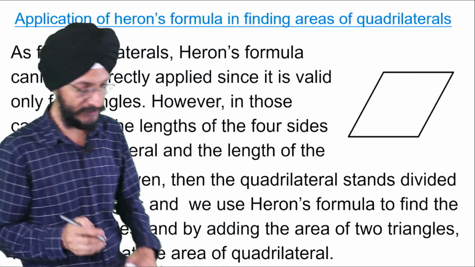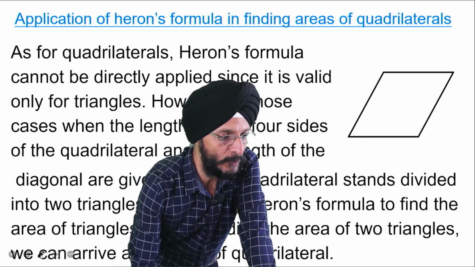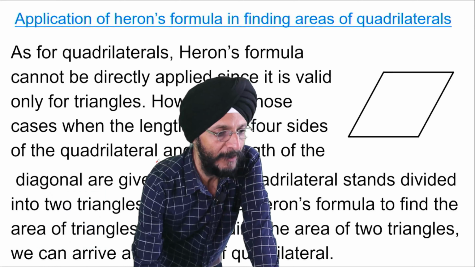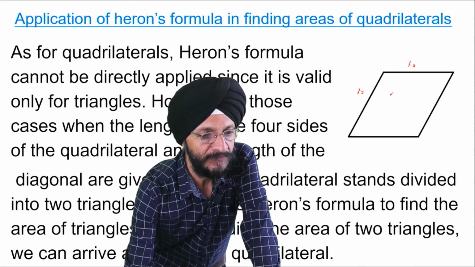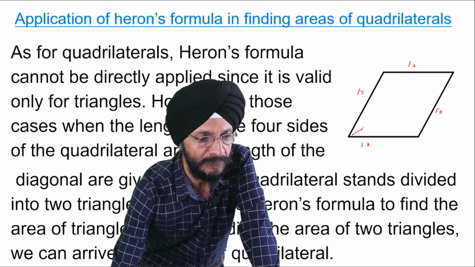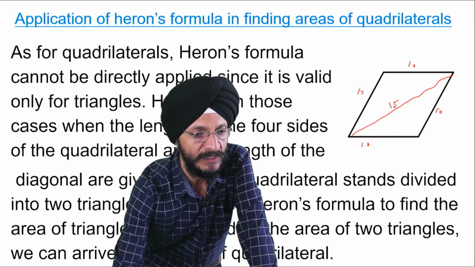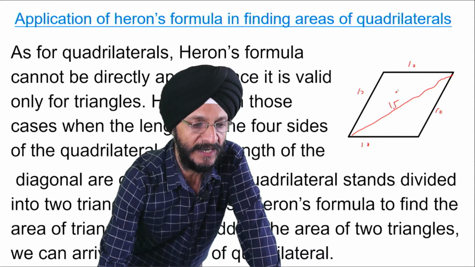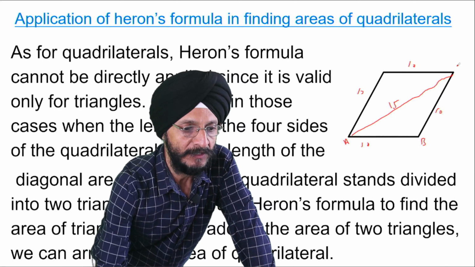However, in those cases where all the sides of the quadrilateral have been given and the length of a diagonal is also known to us, this is the diagonal and this is also known to us, then the quadrilateral stands divided into two triangles.